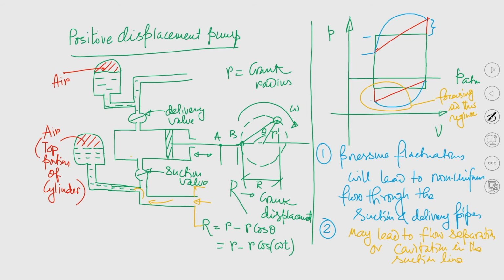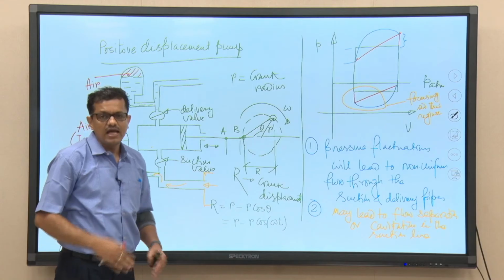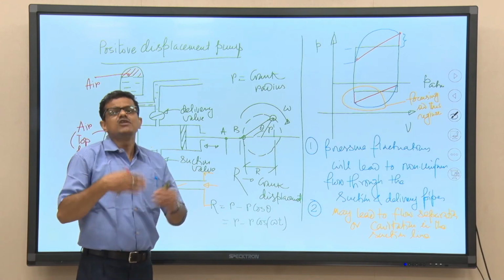At that time, the pressure inside the cylinder has reduced, and that effect will be conveyed further down the suction pipeline. But the stored energy of the air inside the chamber will allow the liquid to move and compensate that flow rate. So, as if we are getting a uniform flow rate.